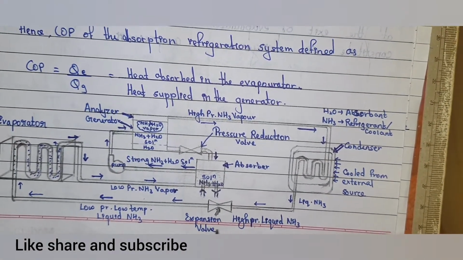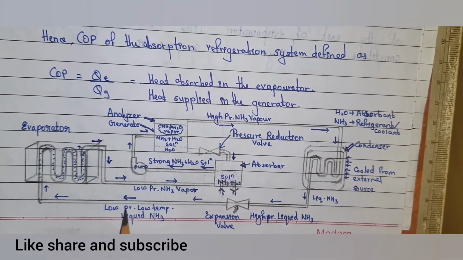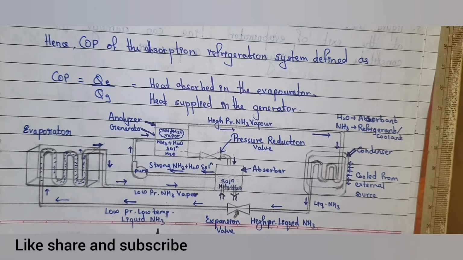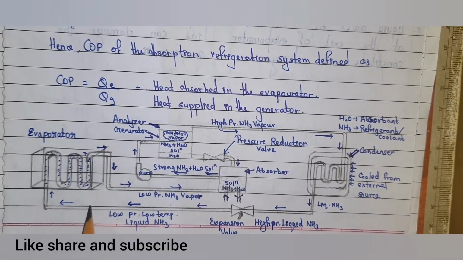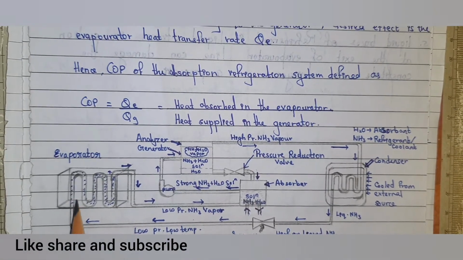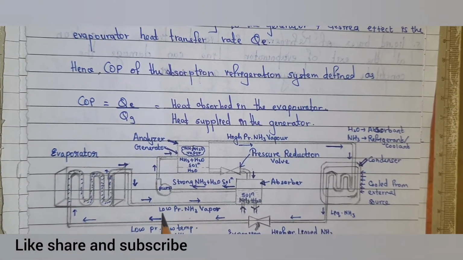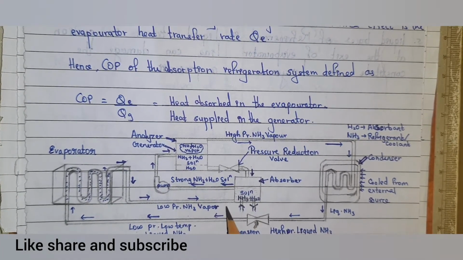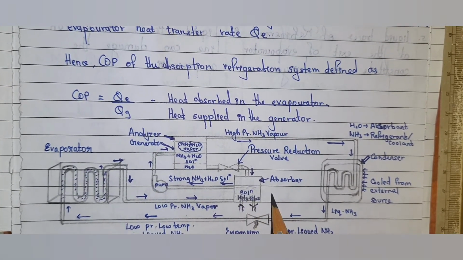After entering the expansion valve, it expands this NH3 and converts it into low pressure and low temperature liquid NH3. After this, the low temperature and low pressure liquid NH3 is transferred to the evaporator. The evaporator evaporates this and converts it into low pressure NH3 vapors, and these vapors are transferred to the absorber.